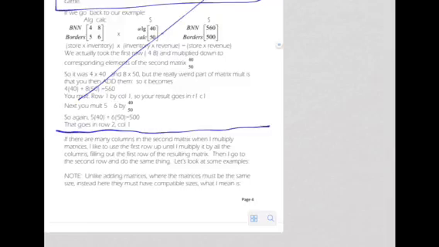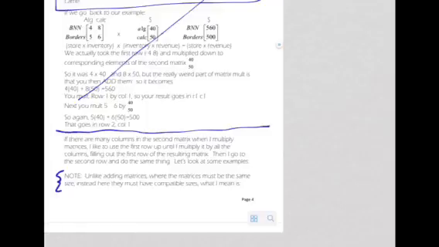And the thing I need to tell you is right here in this note. Unlike adding matrices from the previous section, which I hope you remember, they had to be the same exact size for you to be able to add two matrices together, the same size, the same shape.